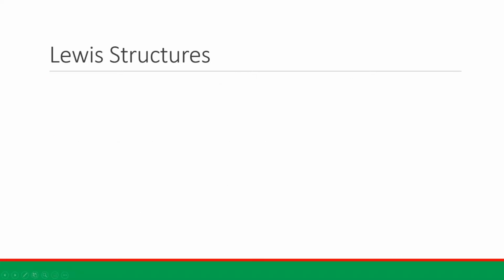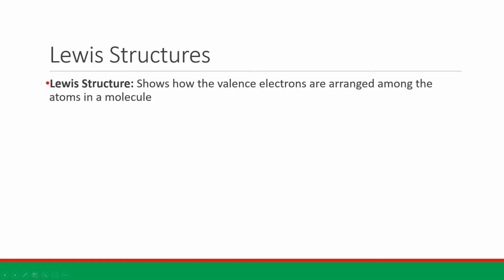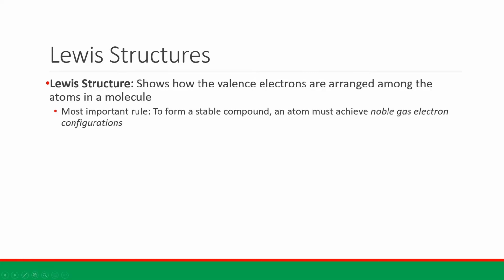So now we can move on to drawing Lewis dot structures for entire molecules. A Lewis dot structure is a diagram to show how the valence electrons are arranged among the atoms of a molecule. And the most important rule that we are going to follow is that every single atom in a Lewis dot structure must achieve noble gas configuration.